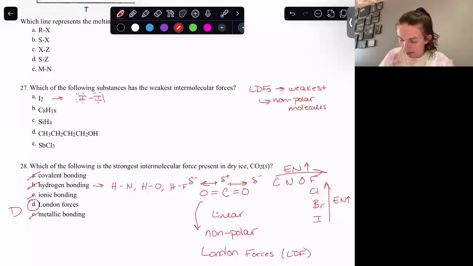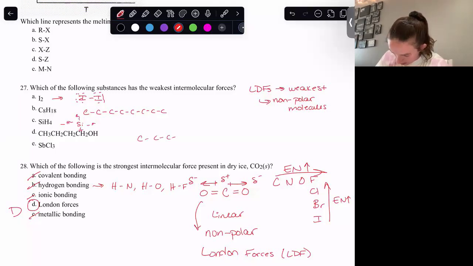We have C8H18. We have SiH4. We have carbon. And we have SbCl3. That might be the wrong structure for the last one, but you'll get the idea.